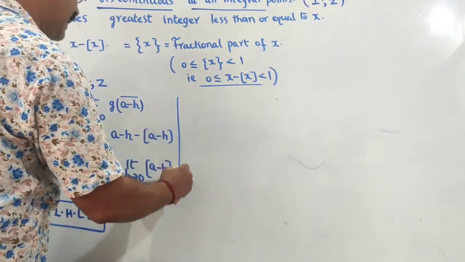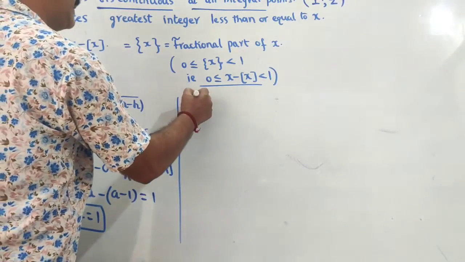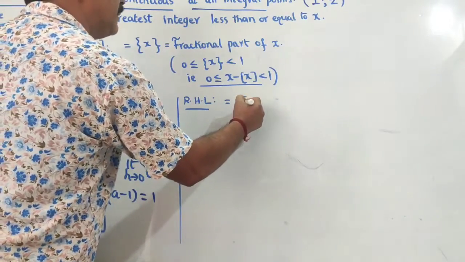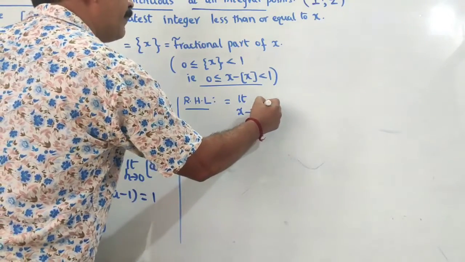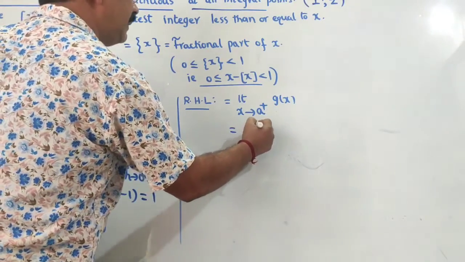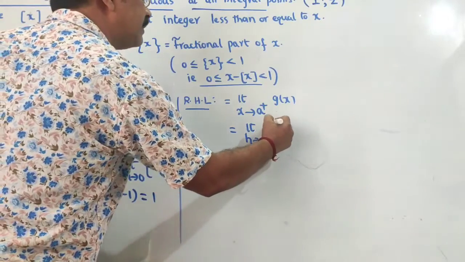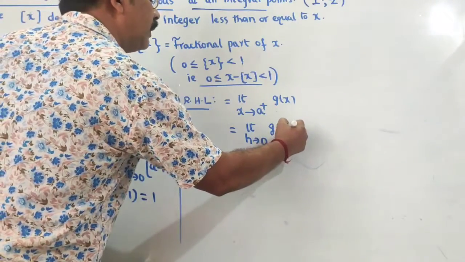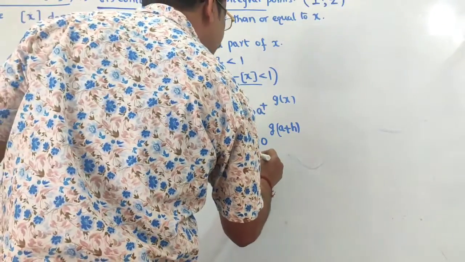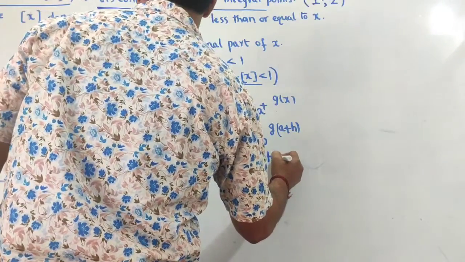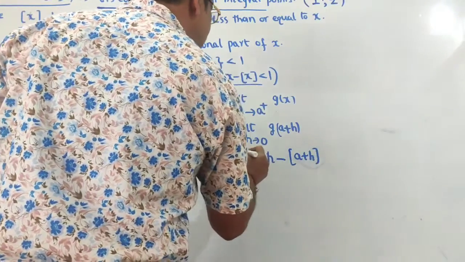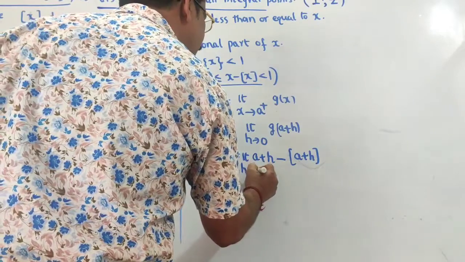Next, let us consider the right hand limit. Its notation, limit x tends to a plus of the given function g of x. It is nothing but our formula limit h tends to 0 g of a plus h. So that is equal to a plus h minus box of a plus h as limit h tends to 0.